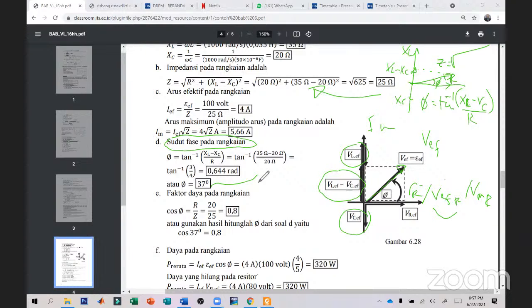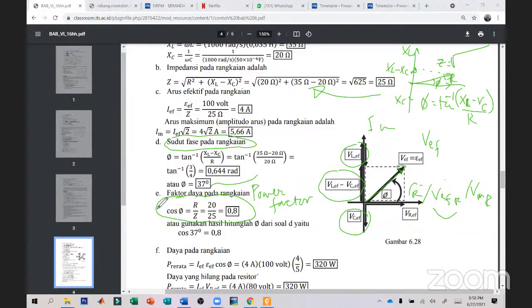Now about the power factor. Faktor daya. Faktor daya itu bisa dinyatakan dalam VI cos theta. The power factor is cos phi, not cos theta.